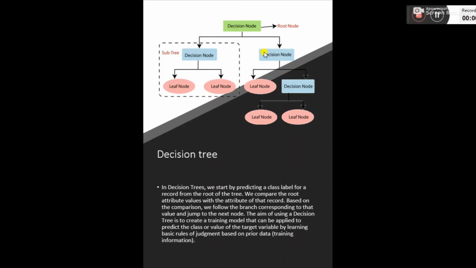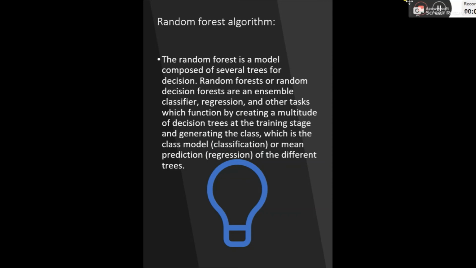We will compare, and whichever node is approved, then we will jump to the next node. That's the main process. The aim of using a decision tree is to create a training model that can be applied to predict the class or value of the target variable by learning basic rules of judgment based on prior data.